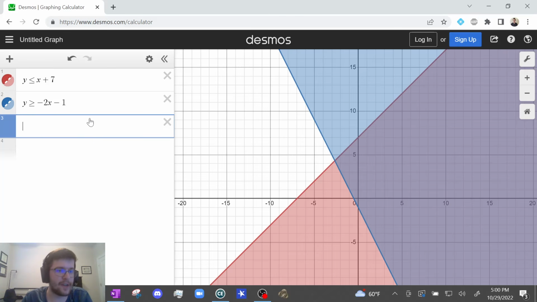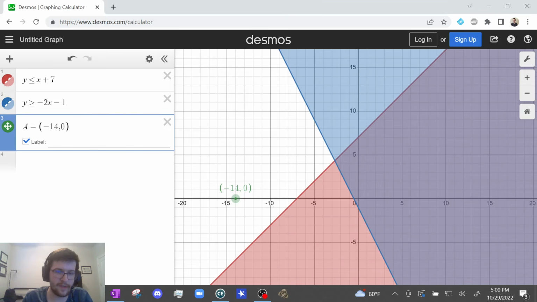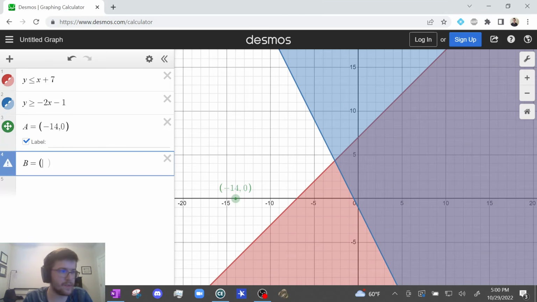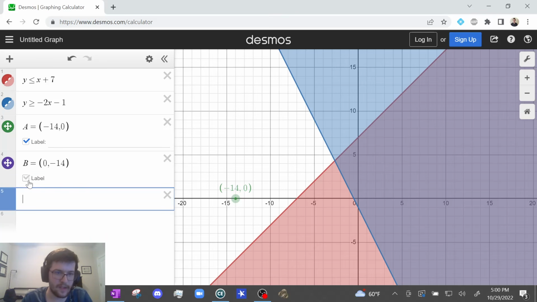Okay, now you can just plot all the points. So A equals negative 14 comma 0, and we can label it. And you can go B equals 0, negative 14, and we can label it.